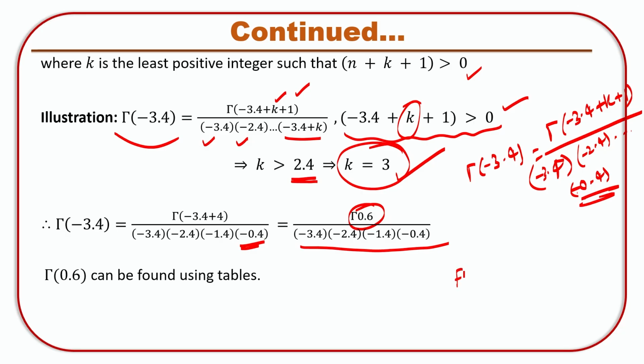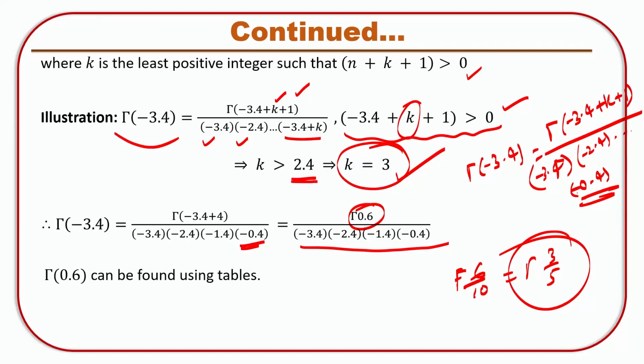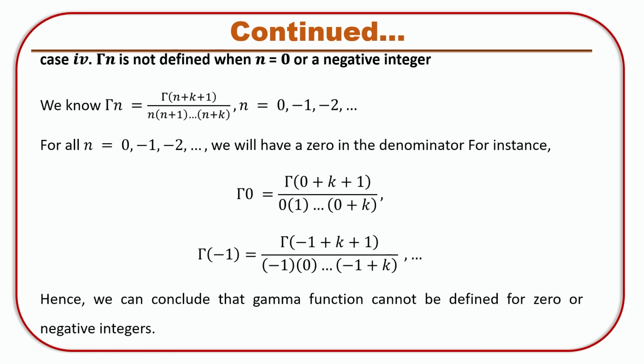We have calculated gamma 0.6, that means 6 by 10, which is also equal to 3 by 5. You can use the rational case here, when n is a positive rational number; that was the formula. You have to take n minus 1, n minus 2, till up to the known gamma function. That is how we calculate for a known positive rational number. So, using that we can find gamma 0.6, and the denominator is just a multiplication and product.